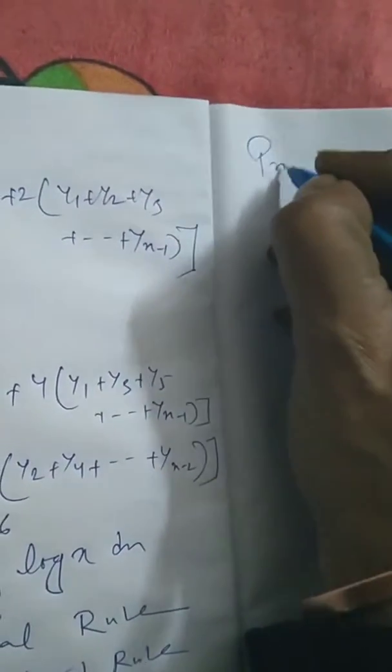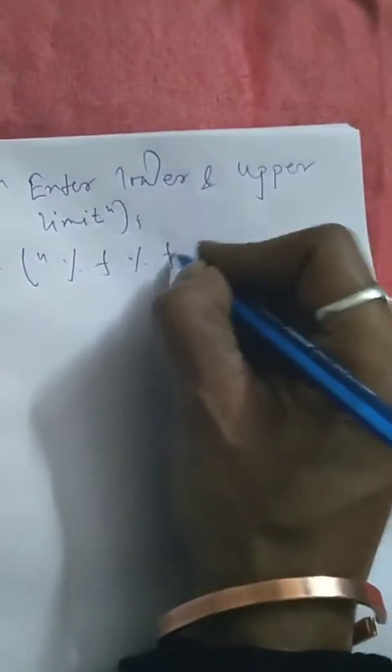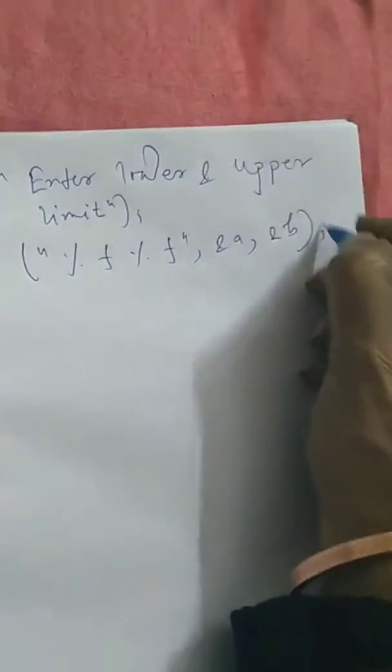Next we write printf enter lower and upper limit, scanf percentage f for the lower limit, ampersand a and ampersand b.